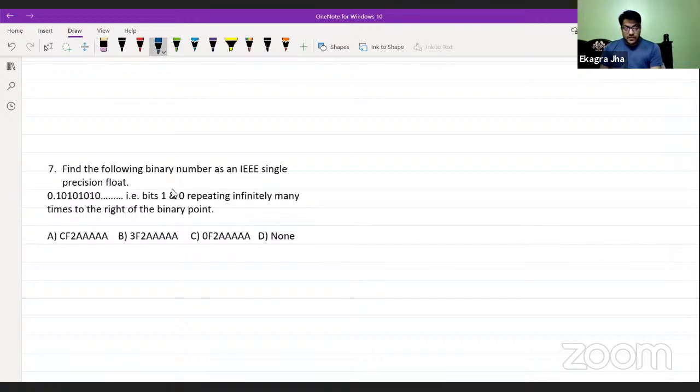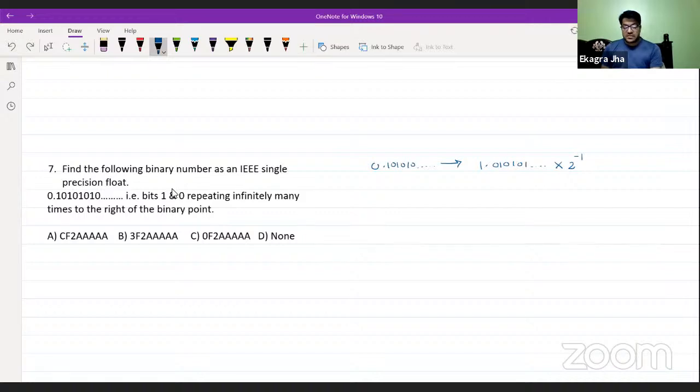The value 0.101010 and continued can be written as 1.010101 and so on, multiplied by 2 to the power of minus 1, right? We can write this particular binary value in this format also. The same value can be written in many formats.